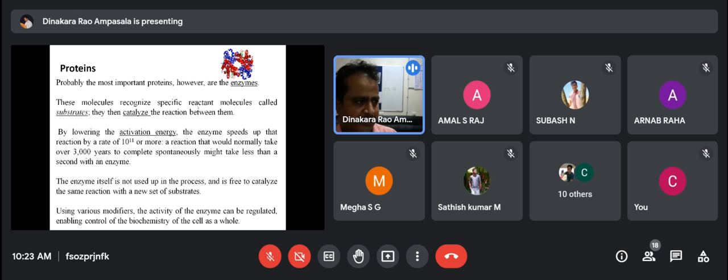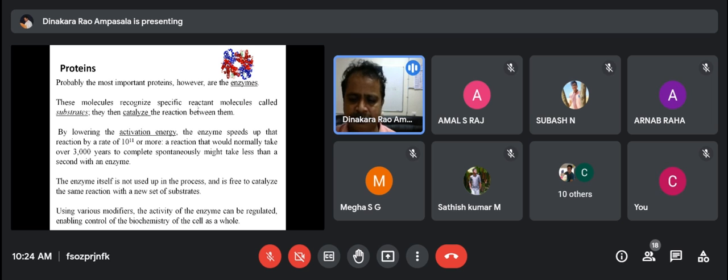Okay, C is the product. So how is the enzyme helping? By lowering the reaction's activation energy. For example, you can see this one. The enzyme speeds up the reaction by a rate of 10 to the power of 10 or more. A reaction that would normally take over 3,000 years to complete might take less than a second if you add an enzyme to that reaction.